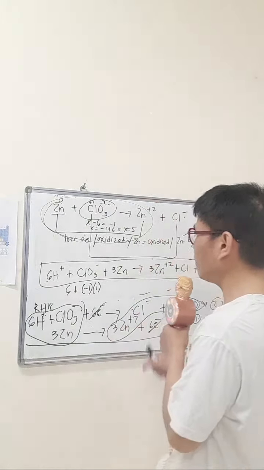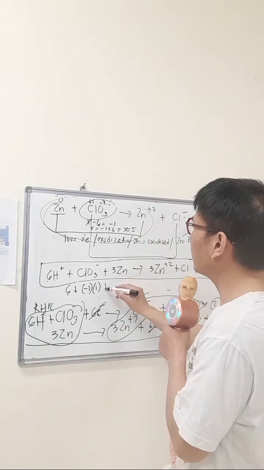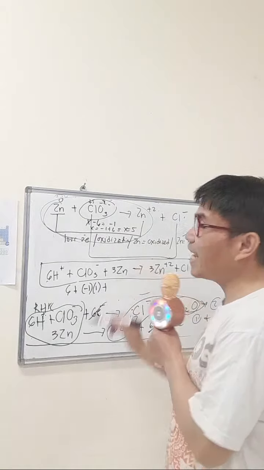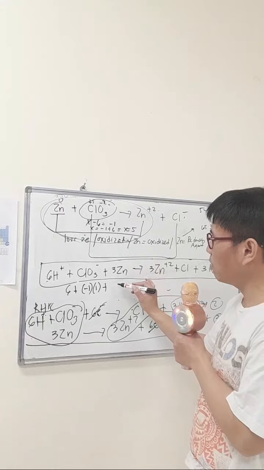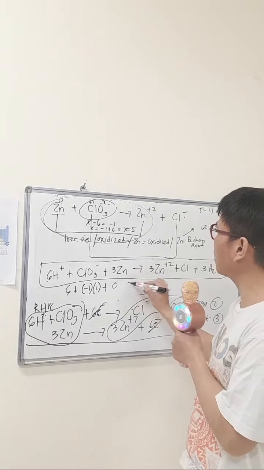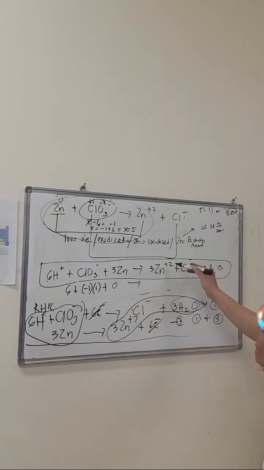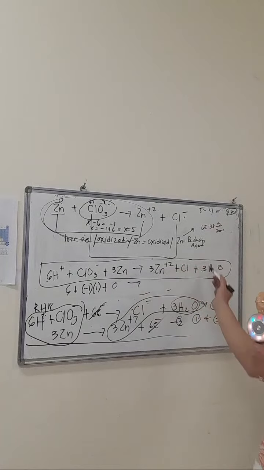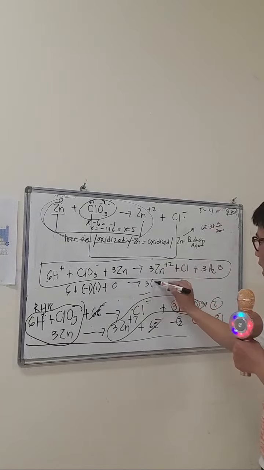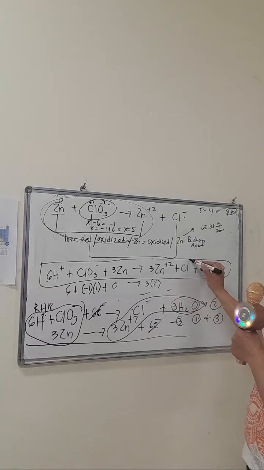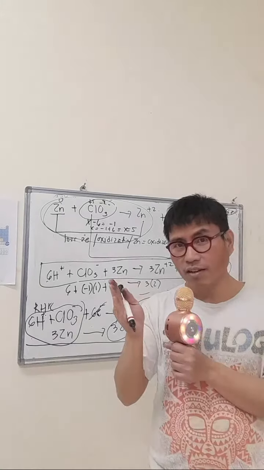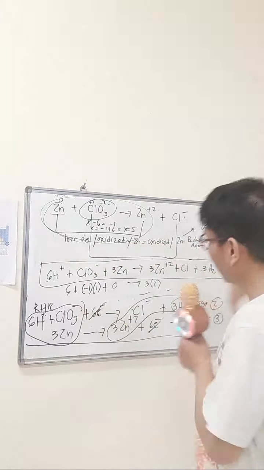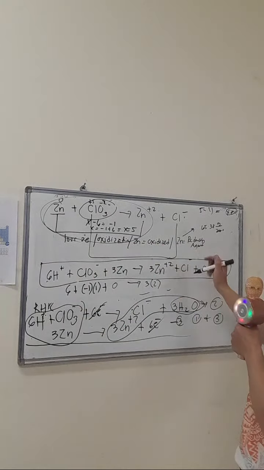Negative 1 times 1, plus, zinc is a solid, so 0 is the charge. So 0 times 3, 0. And then zinc positive 2, so positive 2 because there are 3 moles, so 3 times 2. And then we have chloride, negative 1 times 1 because there's no moles reflected beside the chlorine, so negative 1 times 1.